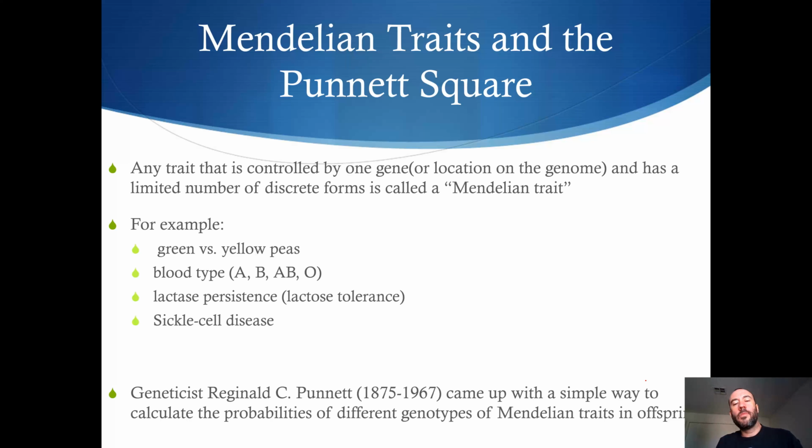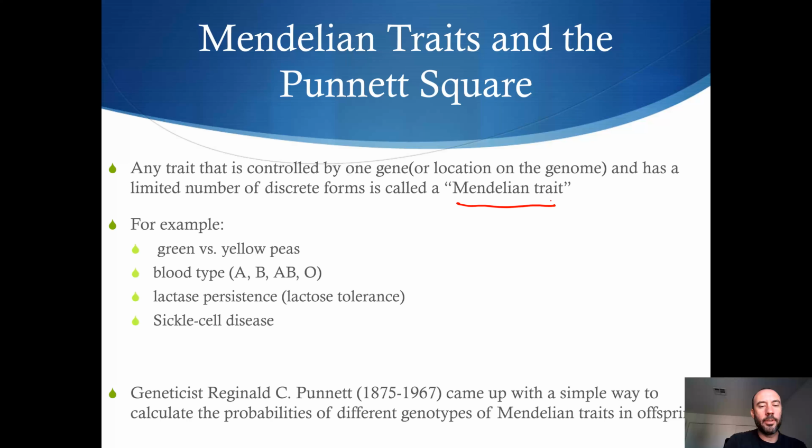All right. Now, we're going to talk about the Punnett square here in just a minute. But first, recall that any trait like yellow or green peas that's controlled by one gene or location on the genome and has a limited number of forms is called a Mendelian trait in honor of the beer-swilling pea breeding Gregor Mendel.